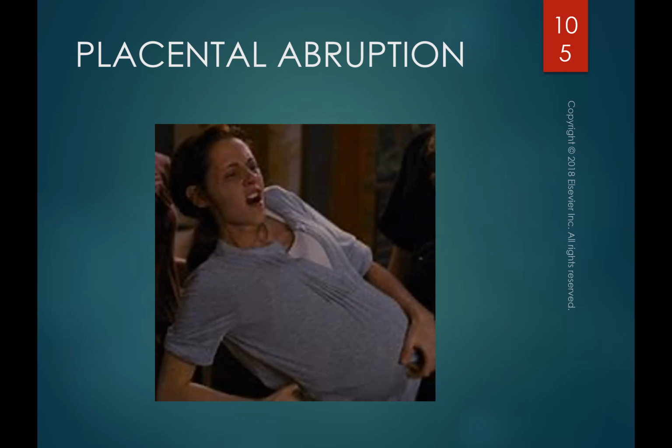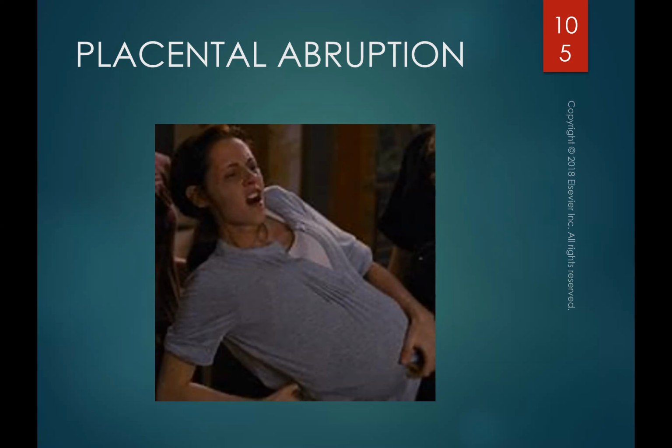She was in a lot of pain. She started hemorrhaging. Edward had to save her by turning her into a vampire. Basically, it is a life-threatening situation when you do have a placental abruption, and the baby barely made it too. So anyway, I always use that as an example for placental abruption because that's what happened to Bella.